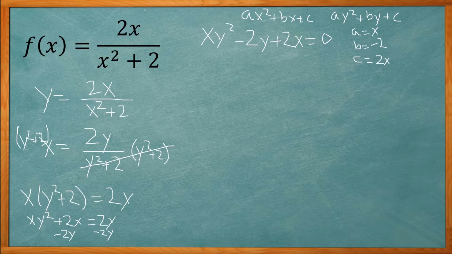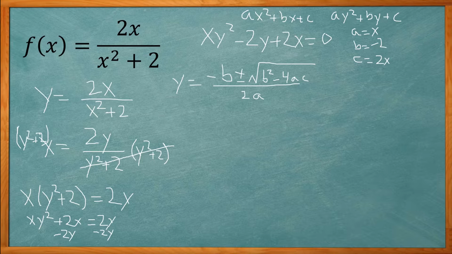Now I use the quadratic formula, which is negative b plus or minus the square root of b squared minus 4ac over 2a. And that's what y is equal to.